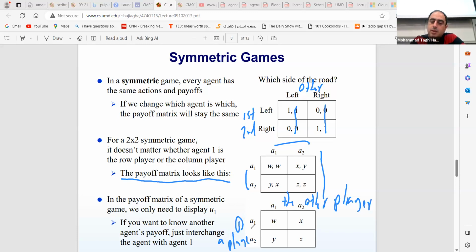In that case, it doesn't matter whether this is the first player or second player. So you say, if this is the first player or second player, taking A1, A2 versus the other player taking A1, A2, still you can do this. And you can see, for example, if we have the first player here and second player here, or the second player here and first player here, still it would be the same matrix. That's essentially the whole thing. So we don't change the matrix.